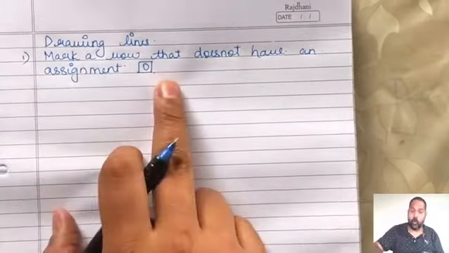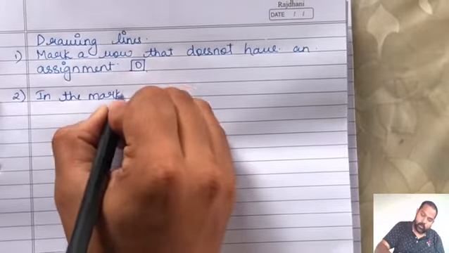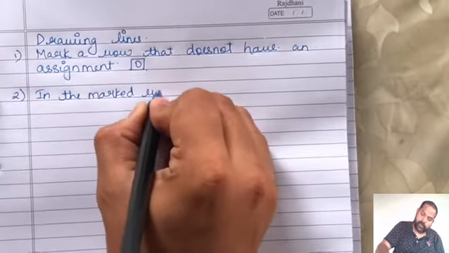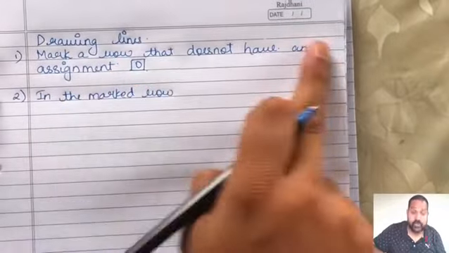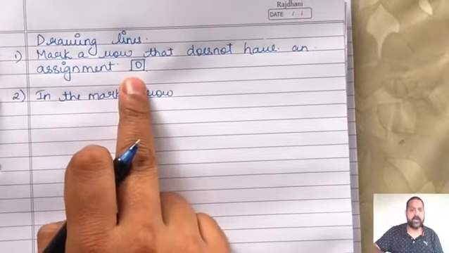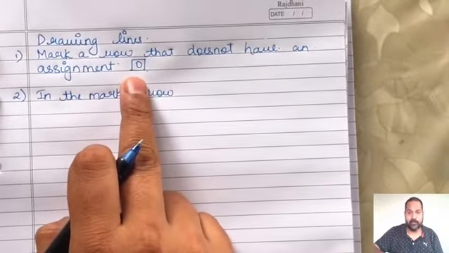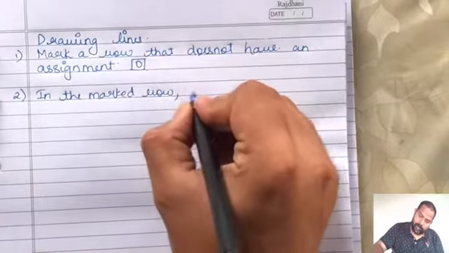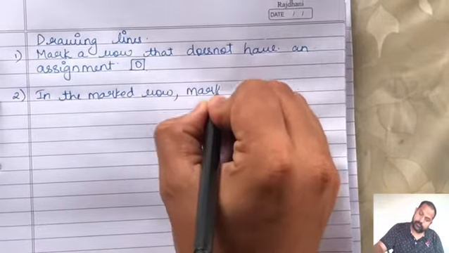Step number 2. Step number 2 says, in the marked row, very important, in the row that you just marked, a row that does not have an assignment, in the marked row, mark, what do you mean by mark?